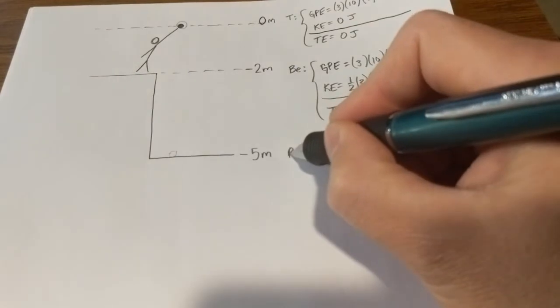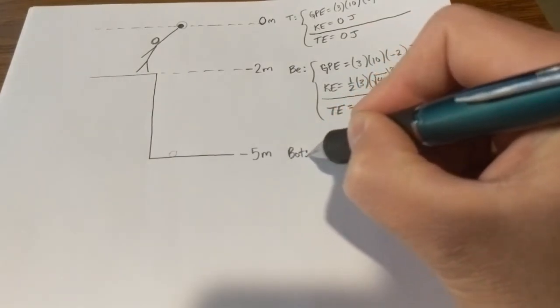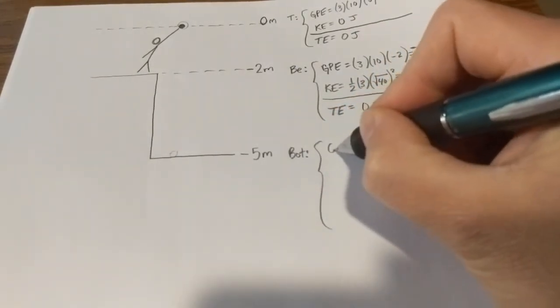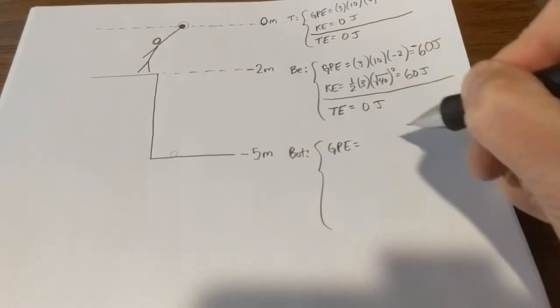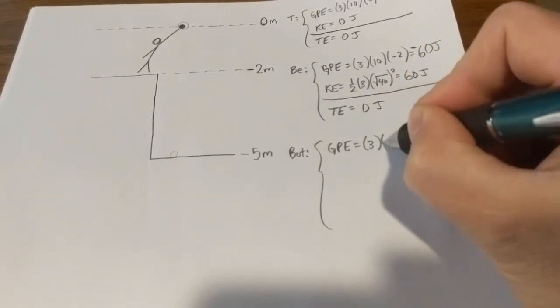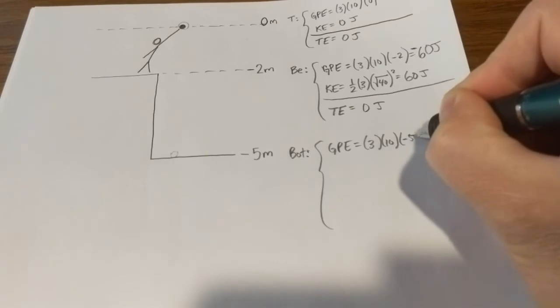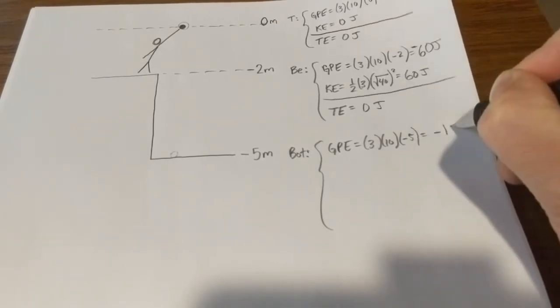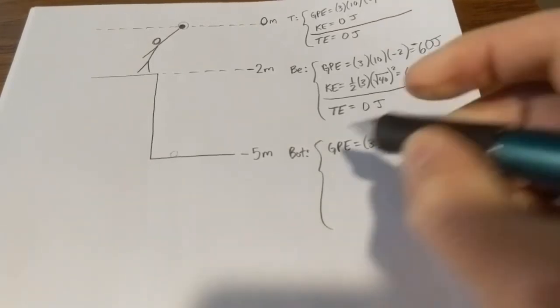Finally, at the bottom, the gravitational potential energy would have to be 3 times 10 times negative 5, which is negative 150 joules.